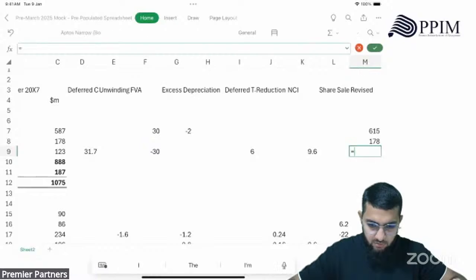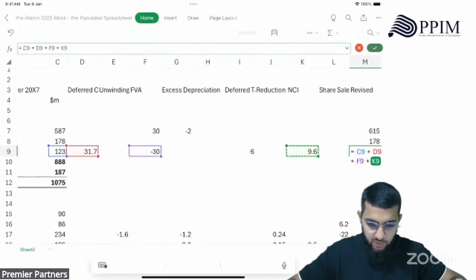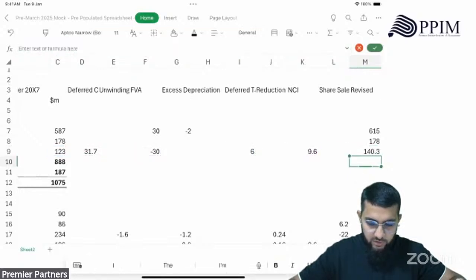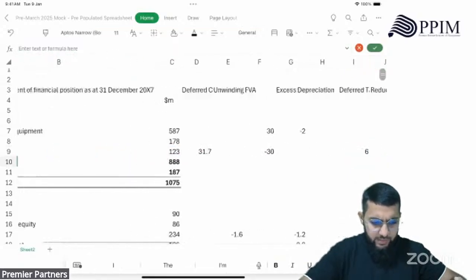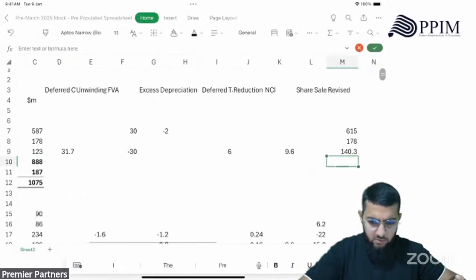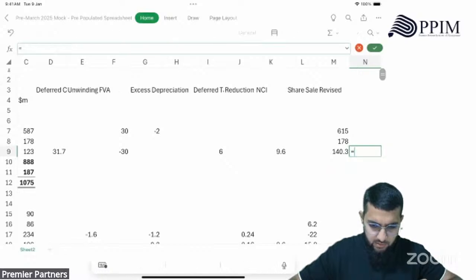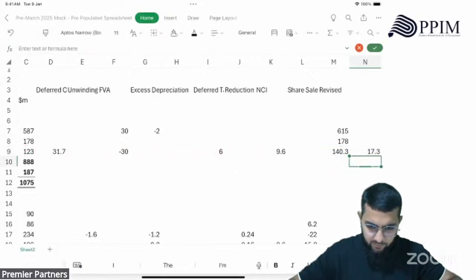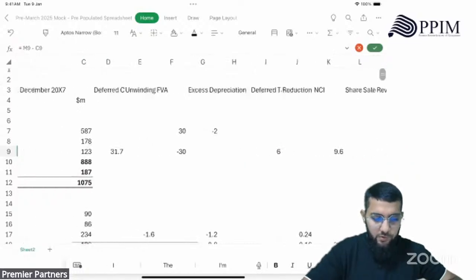No adjustment here, it remains as it is. These are goodwill adjustments. We'll see if this is matching with our goodwill calculation. We have recalculated goodwill. Is that matching our goodwill? 140.3. Right. So what's the increase? This minus 17.3. Right.